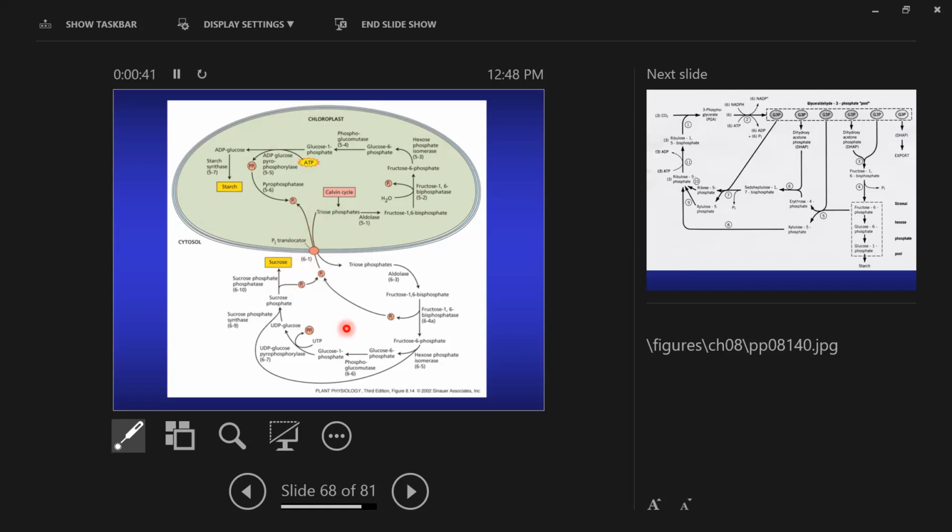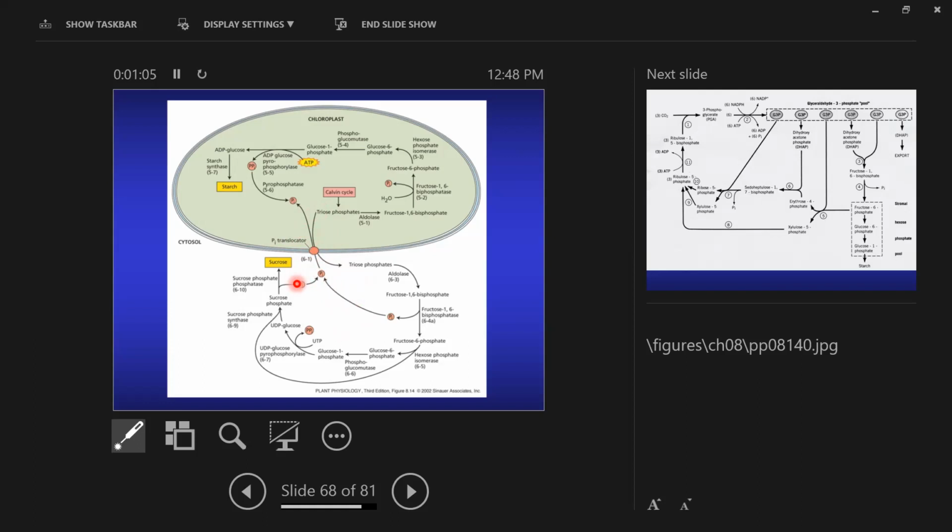There are a lot of other controls on it too, but the only one I really talked about was the protein in the membrane of the chloroplast that will allow for the G3P to come out, usually in the form of DHAP. Basically you have some of that G3P getting sent out through that translocator, and it's a one-to-one process where the G3P comes out as the phosphate comes in.